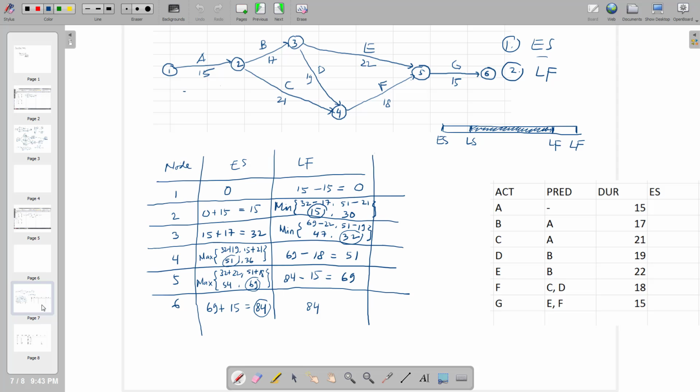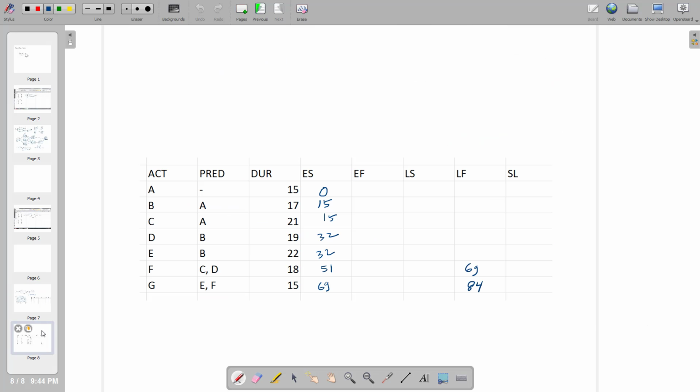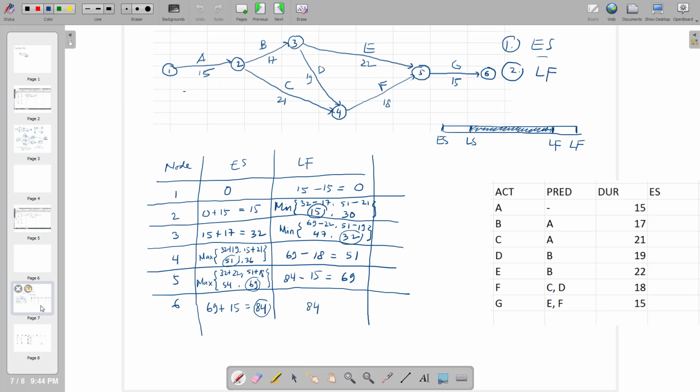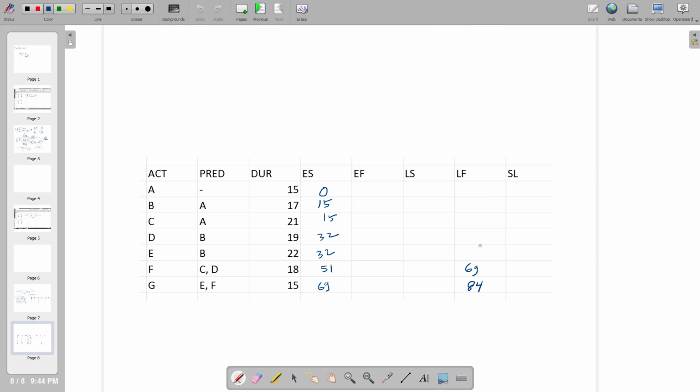Activity E will be equal to node 5, which is 69, and F is also 69. Late finish of E and F is 69 and 69.